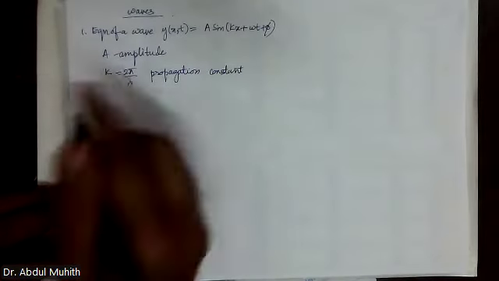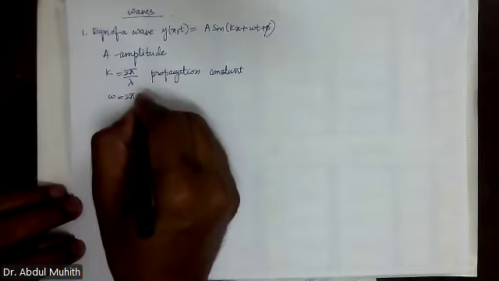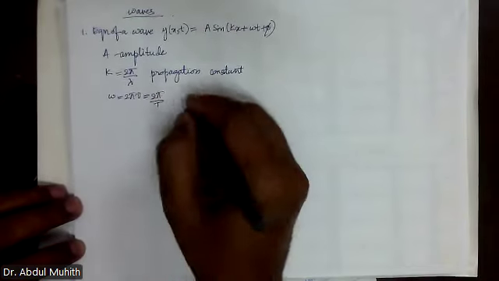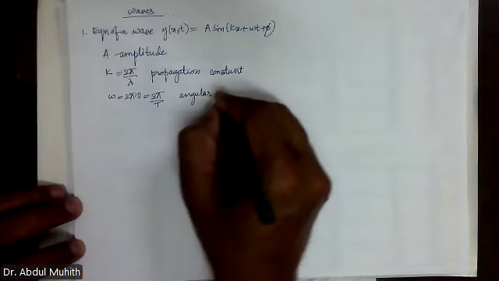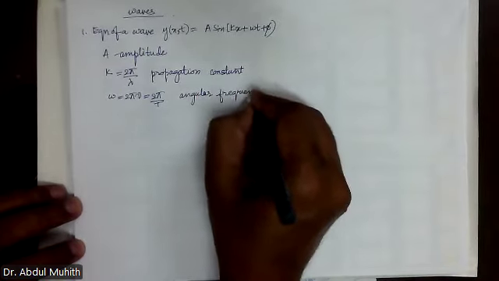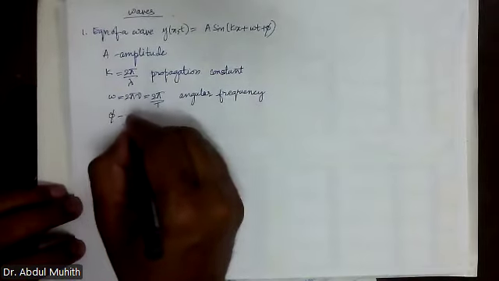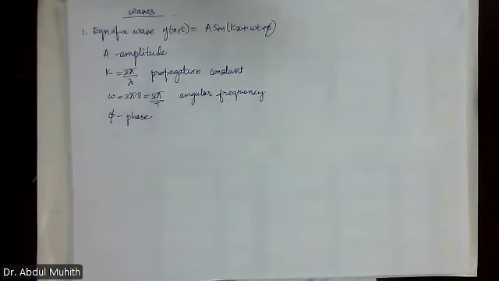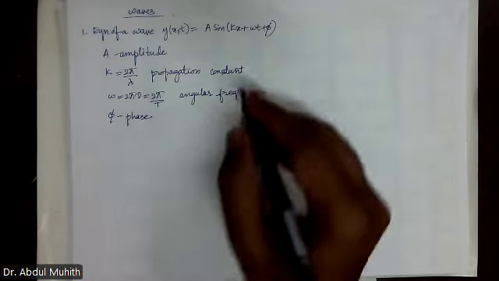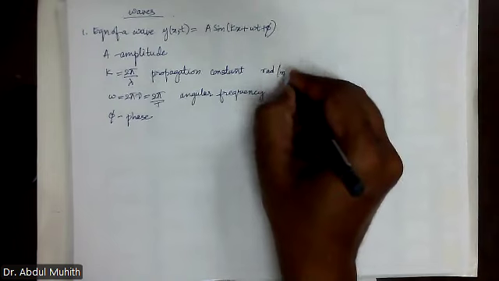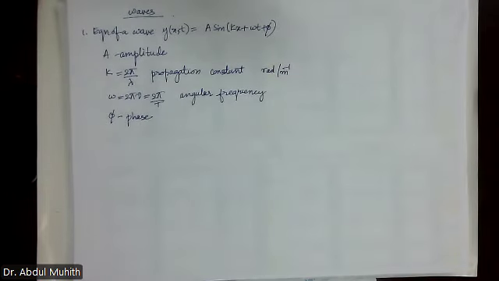And omega is 2 pi nu, or 2 pi by T, that is angular frequency, and phi is the phase. k is also the angular wave number, measured in radians per meter, as I told you in the previous class also.